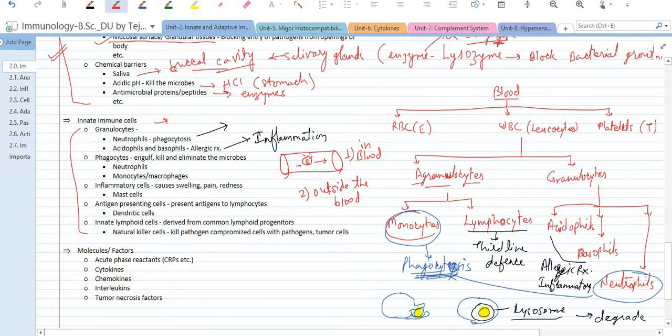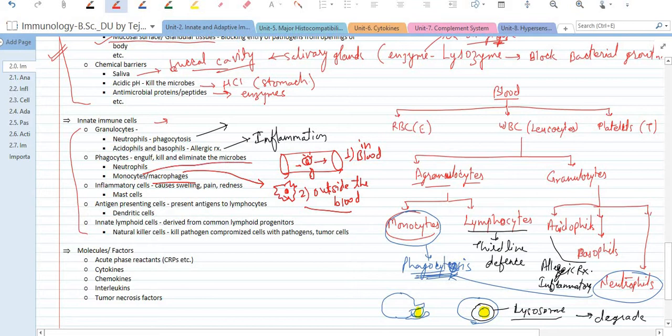Whenever it works outside the blood, it is converted into a different cell. It comes out by the process of diapedesis and is converted into a differently shaped cell called a macrophage. Actually, a macrophage is none other than the same monocyte, but whenever it reaches the local tissue where a pathogen or any foreign particle has come, it changes its shape and functions, and then it is called a macrophage.